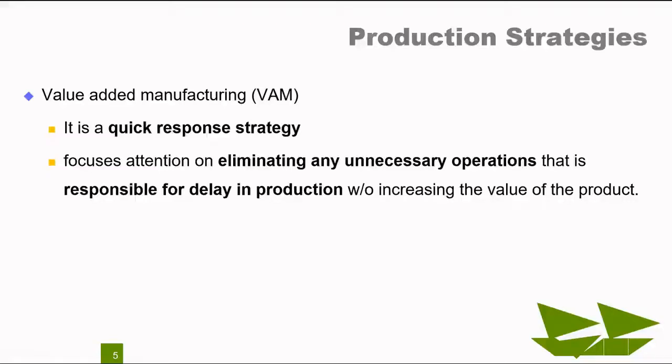Now, the simple question is: this counting by the accessories department person, and then the same buttons being counted again by the production department person, is it adding any value? No. The number of buttons is the same. These are unnecessary operations which do not increase the value of the product, but they definitely are responsible for delay in production.